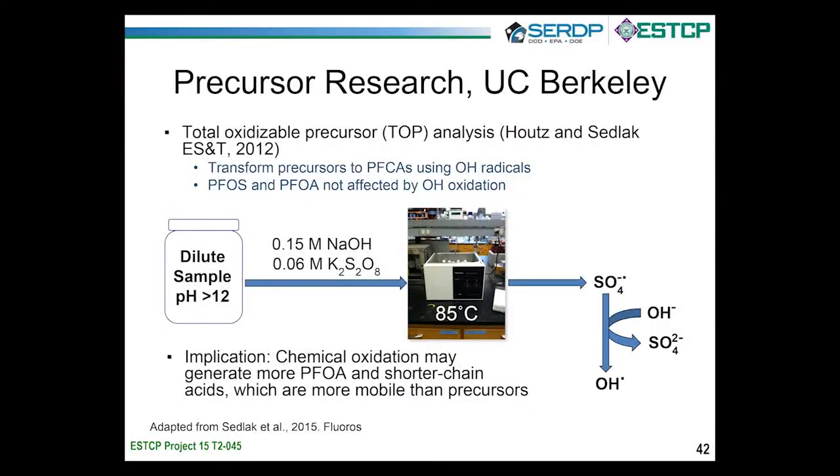More research on this precursor issue has been funded by SERDP and ESTCP. If you would like details, just look for Jennifer's SERDP project together with David Sedlak at UC Berkeley to learn more about the TOP assay.